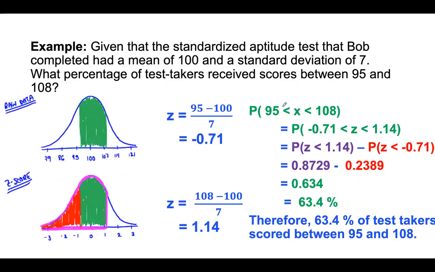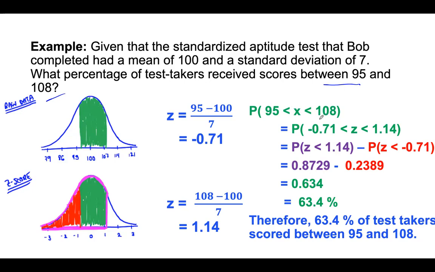Now, given the standardized aptitude test that Bob completed had a mean of 100 and a standard deviation of 7, what percentage of test takers received scores between 95 and 108? So we want the probability that 95 is less than X is less than 108.